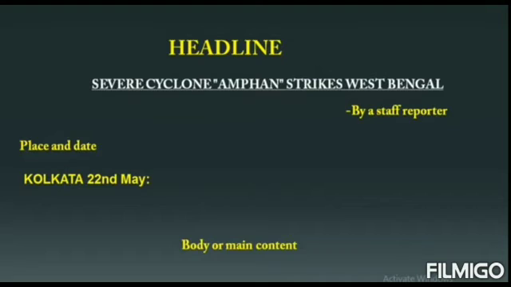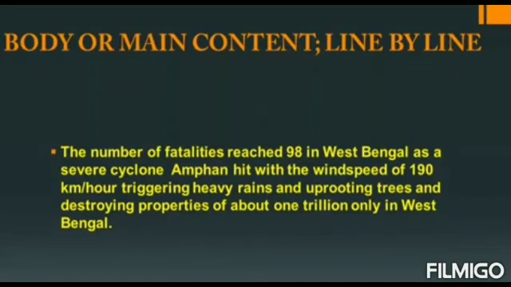And from the very left, you should remember PDM: place Kolkata, date 22nd, and month May, and after that, look, we put a colon. Can you see here? After completing this format, we should start the main part, the body of the report.